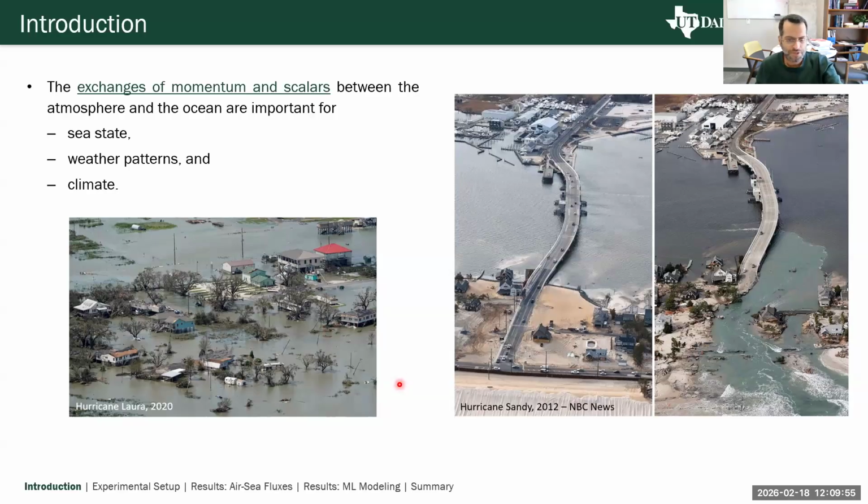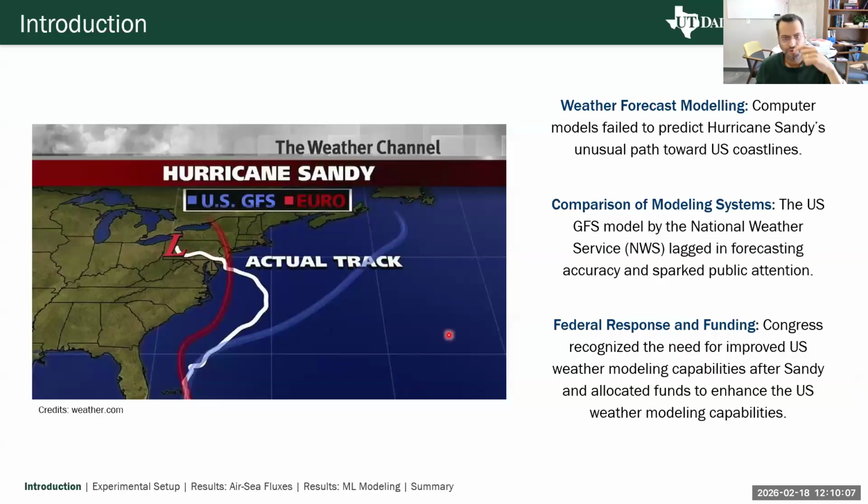The focus of our research, especially for the talk I'm presenting today, is on improving the physics behind these predictions, and we want to start right at the air-sea boundary, at the ocean surface. Hurricane Sandy is a well-known example where models struggled with the storm path.